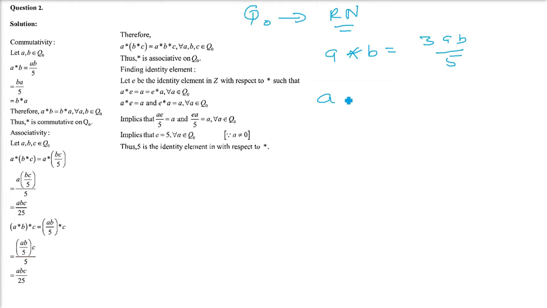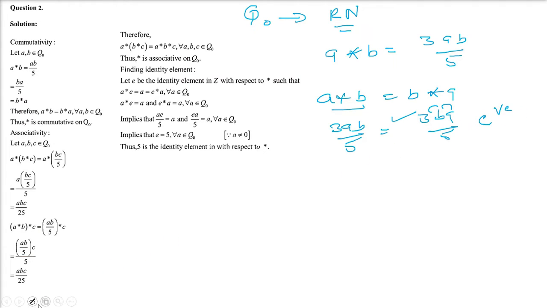For A star B equals B star A, we will go for commutative. I am taking 3AB by 5 because in the book it is 3AB by 5, but even AB by 5 can also be used. A star B is 3AB by 5, B star A is 3AB by 5. They are commutative because they are equal.